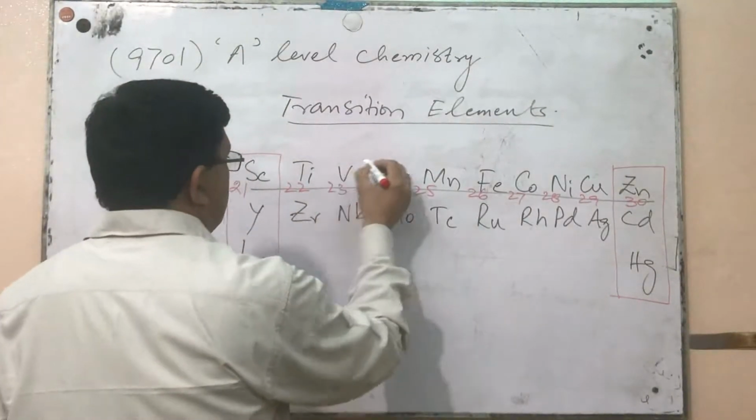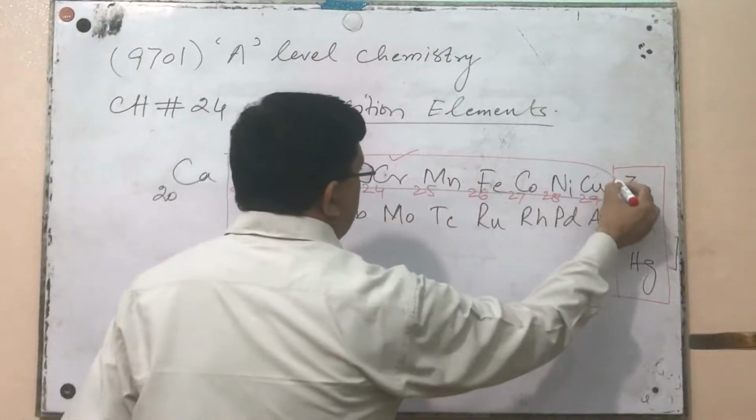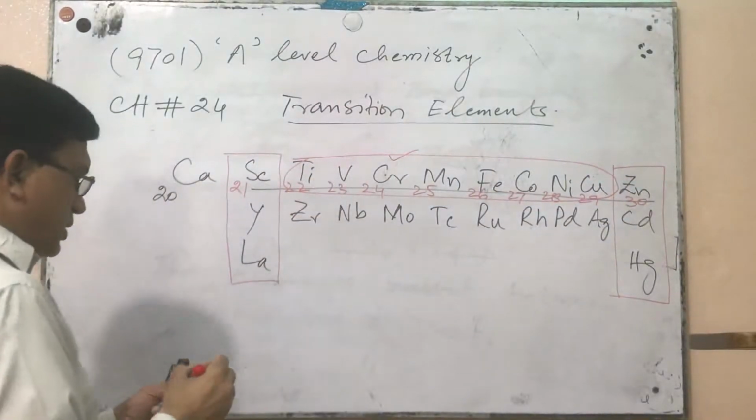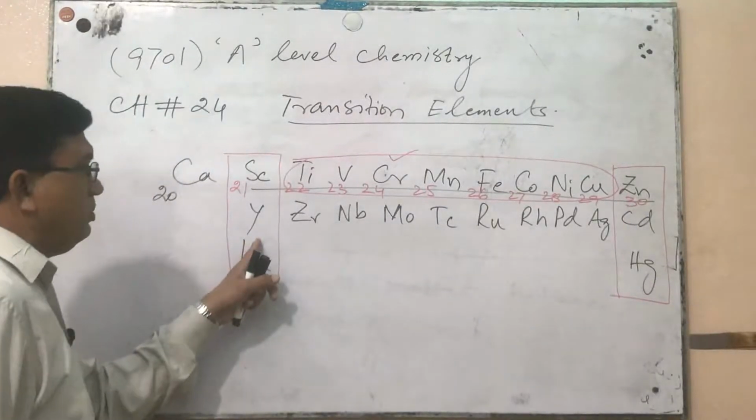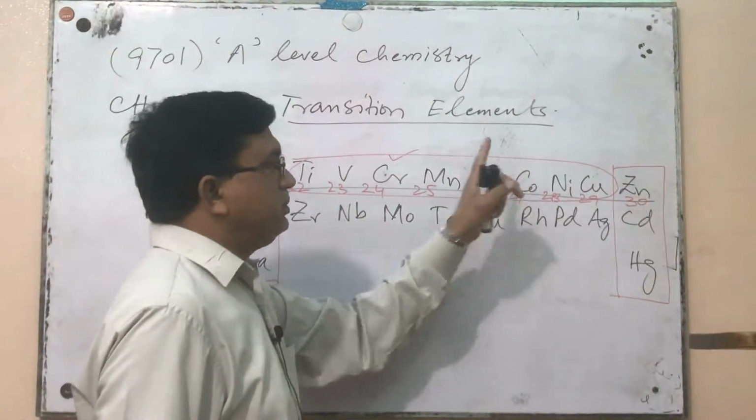While all the other elements are called typical transition elements. Why are these called non-typical and these called typical transition elements?